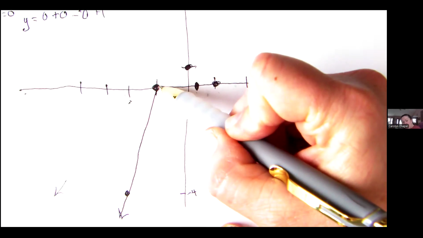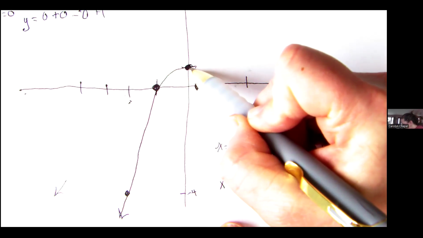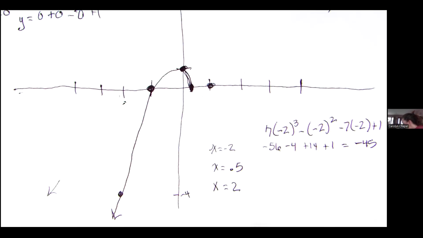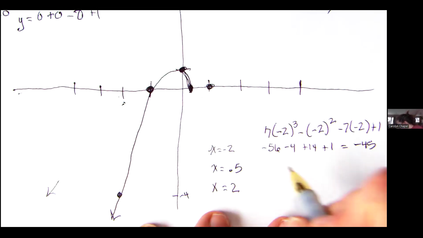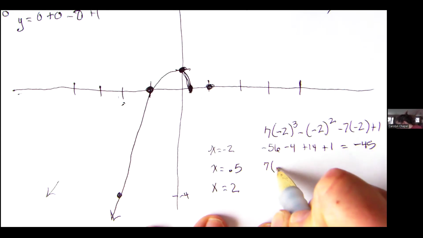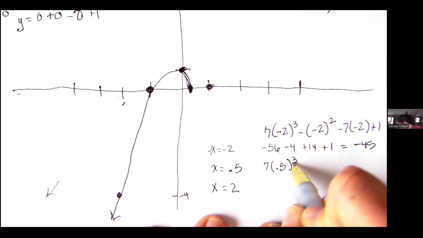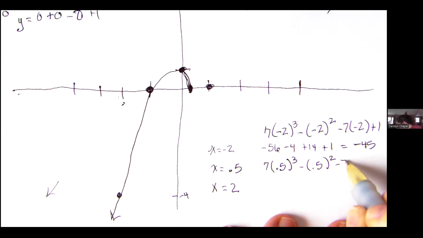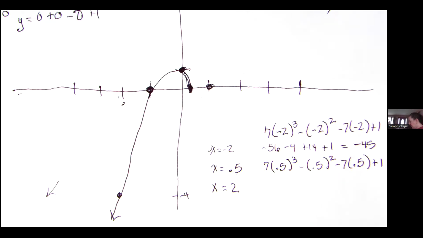Then it's going to come up and go through this point. It's going to come and again hit my 0 here. I'm going to put in 0.5. So 7 times my 0.5 cubed minus my 0.5 squared minus 7 times my 0.5 added to 1. And I'm going to drag out my calculator for this one.